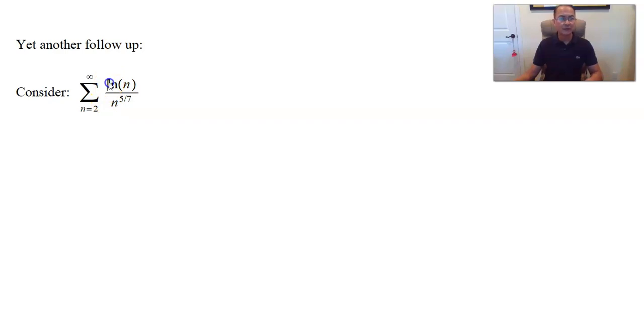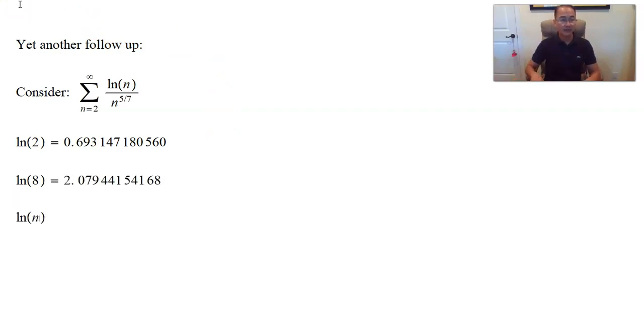Okay, so of course we know that ln of x is an increasing function. Increasing, concave down. So yeah, ln of 2 is approximately 0.69. Okay, not a very big number. But if we increase our n, let's say ln of 8, then we're going to get a bigger number. What if it were ln of 800?